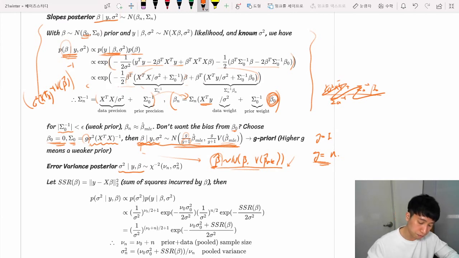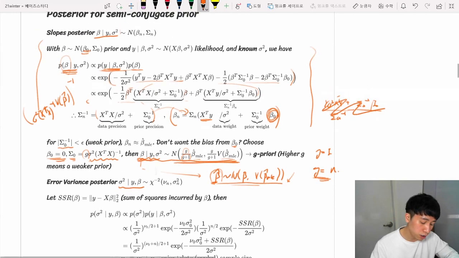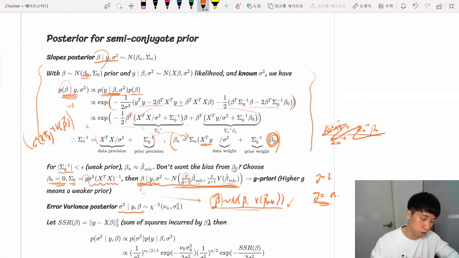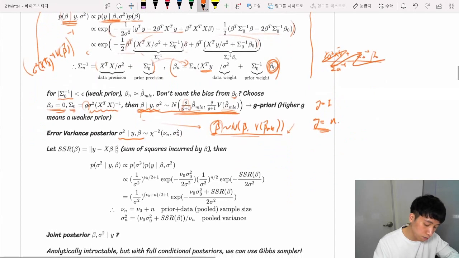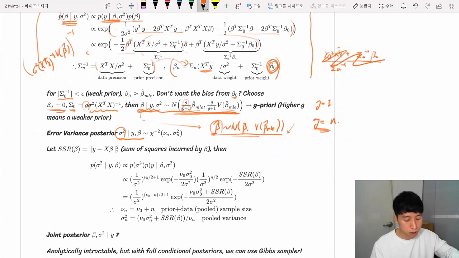But anyway, we have derived the full conditional posterior for this slope. So next is sigma squared. The full conditional posterior for sigma squared is very much the same as the posterior for sigma under the usual normal likelihood, except that we have the sum of squares of residuals here.